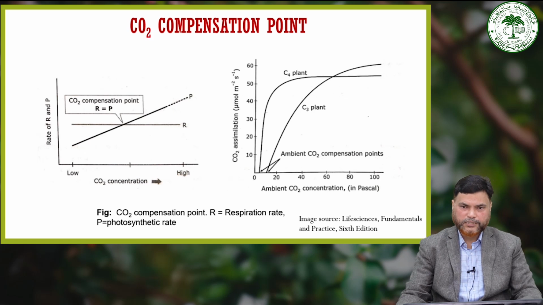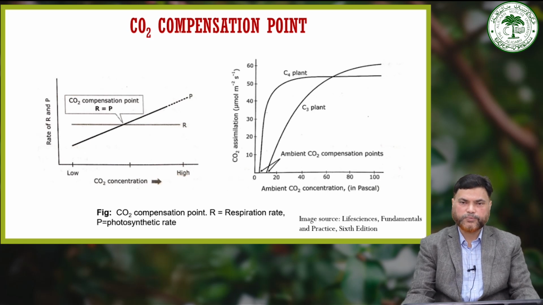So for C3 plant, the carbon dioxide compensation point is typically between 30 to 70 ppm at 25 degrees C. C4 plants have much lower carbon dioxide compensation point, often less than 10 ppm, due to their carbon dioxide concentrating mechanism.